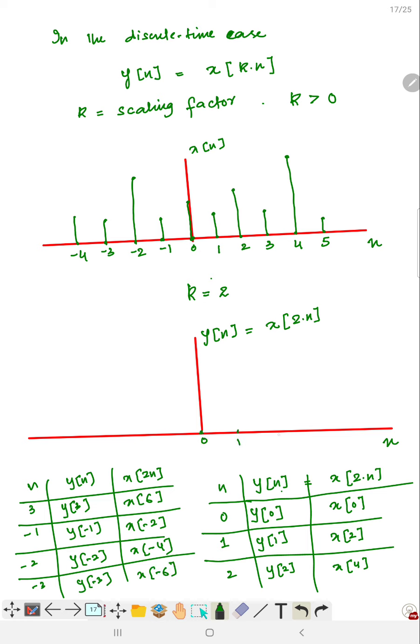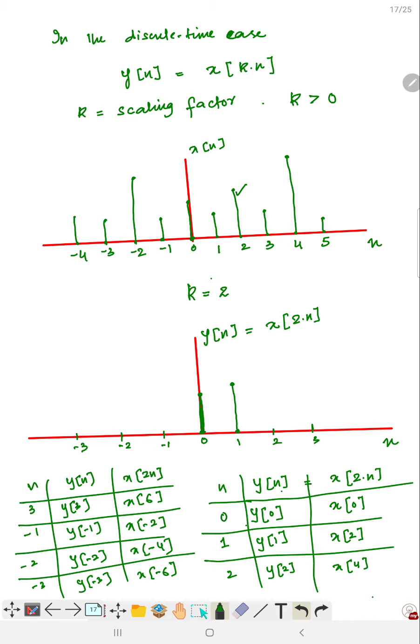So this is 0, this is 1, this is 2, this is 3, -1, -2, -3. y of 0 is equal to x of 0, so whatever value is here, the same value will appear here when n is equal to 0. Then y of 1 is x of 2, so this value will appear here.